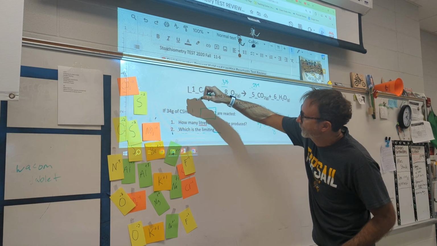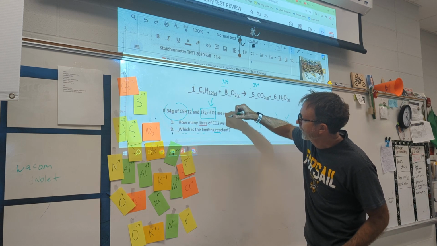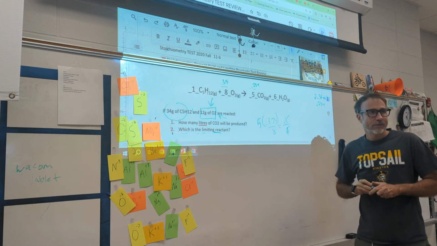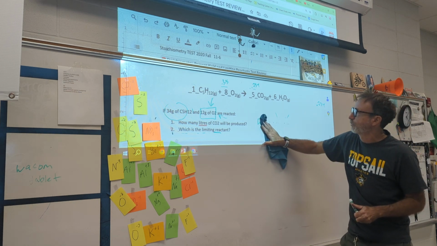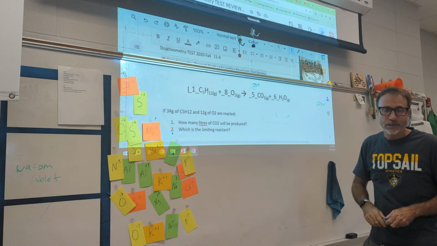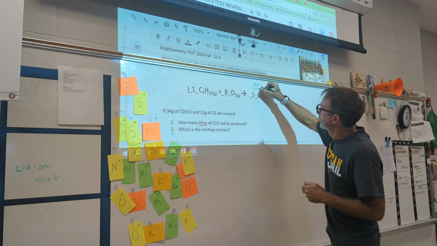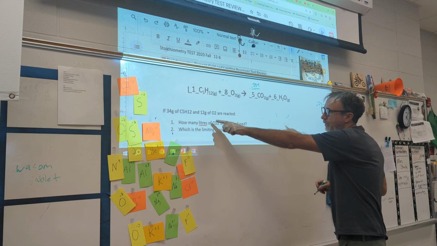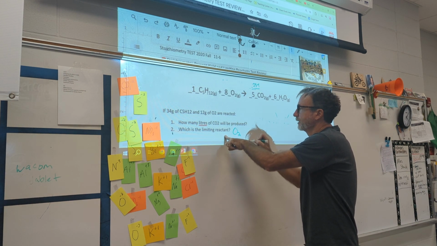So this is the one that makes the least. So this is the limiting reactant. The one that makes the least is the one that we have to finish our problem with. Everybody with me? So 0.234 is the one that holds us back. So who is the limiting reactant? The oxygen was.